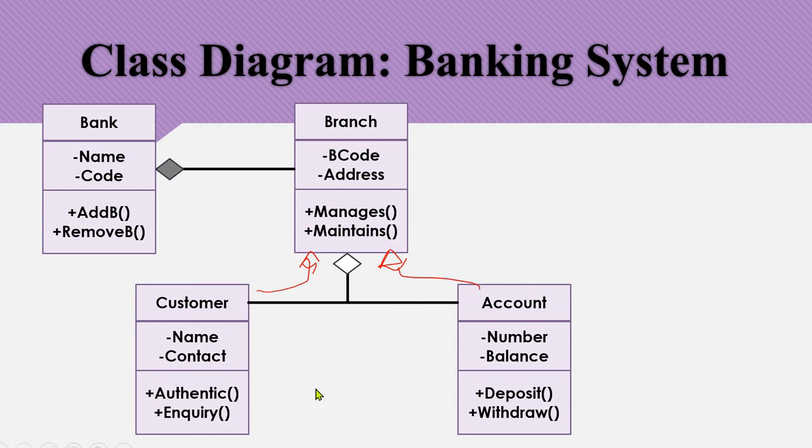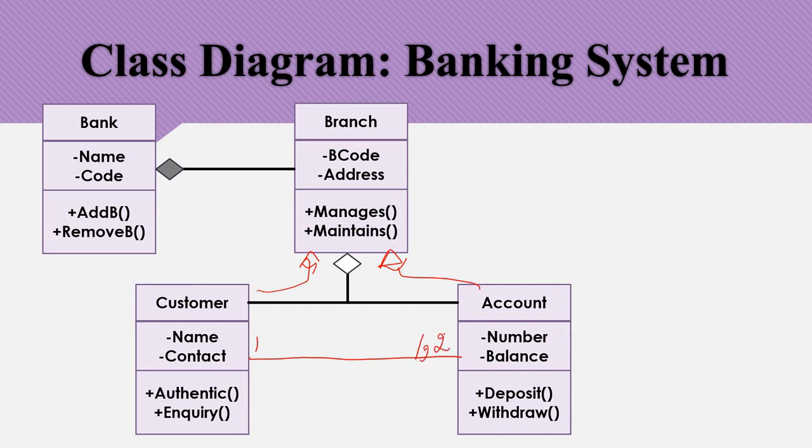Now the customer can also be linked with the account. So there must be some association between the customer and the account, but this time we need to define the limit, meaning how many entities can be linked to an account. One customer can have multiple accounts if the branch allows, but here we are taking a limit of 2.